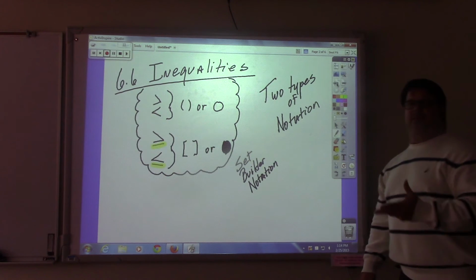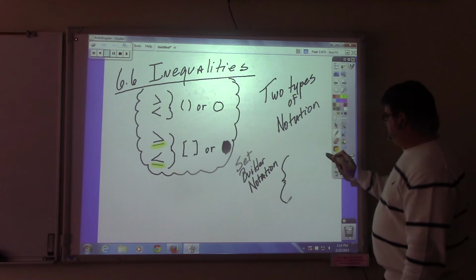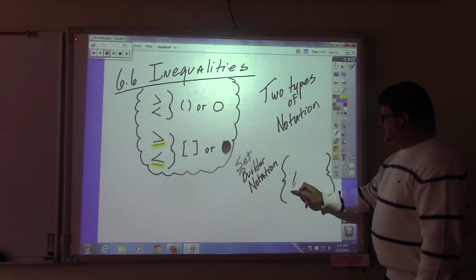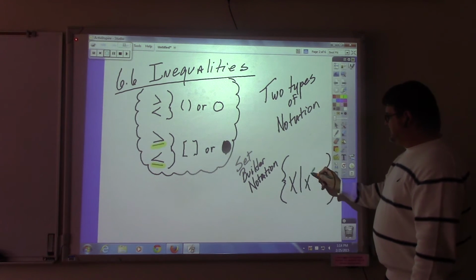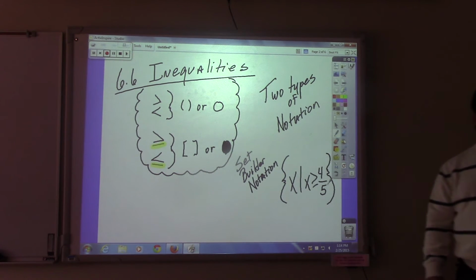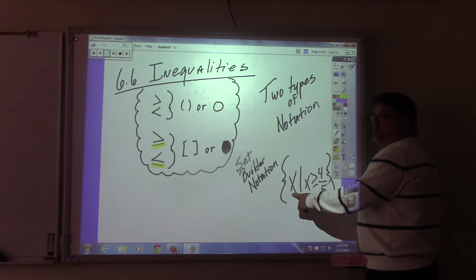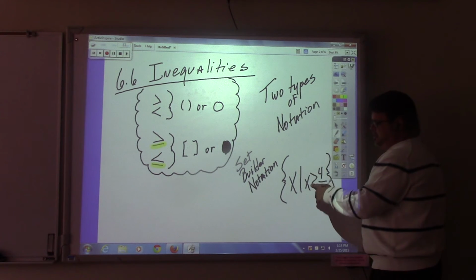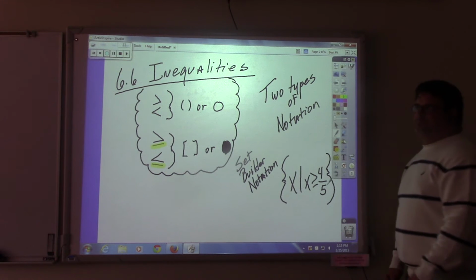To write that in set builder notation, the only thing you do is put two braces and do this, x such that, and then write your answer. X is greater than or equal to 4/5. That's it. This x means that anywhere in this set where x is a variable, x can be greater than or equal to a quantity of 4/5. That's what it means. Hold your pinky up.